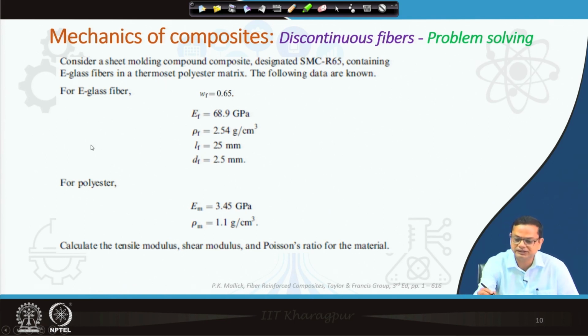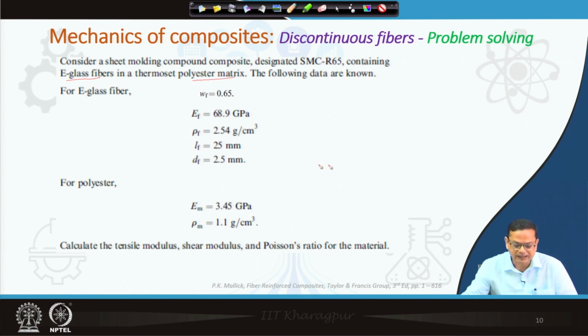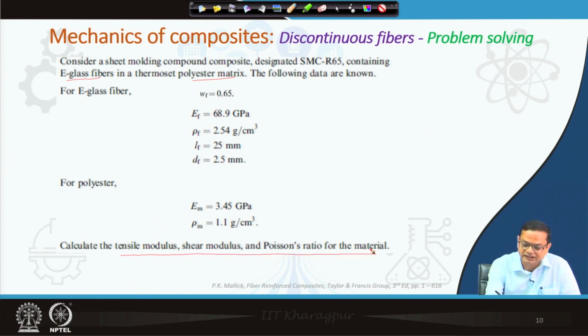So, you can see that the fiber is E glass and the matrix is polyester, and then this data has been provided, and ultimately it says, calculate the tensile modulus, shear modulus and Poisson ratio for the material. Now, you see here LF has been given, that means this is short fiber. DF has been given, and the density of the materials have been given.